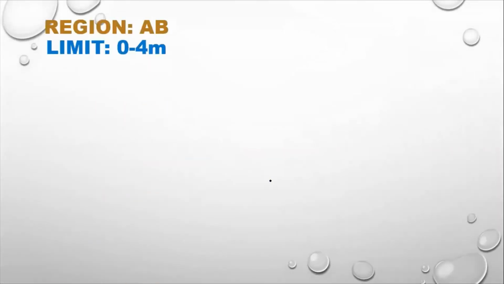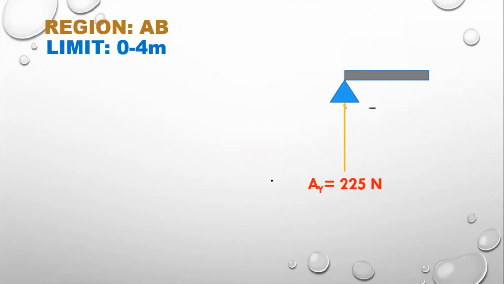So we are going to start from region AB and construct the diagram, whatever portion we have cut throughout region AB. We consider first the hinge support, then we have the beam portion, and this is the support reaction AY that we already calculated in the previous slide, AY equals 225 Newton.